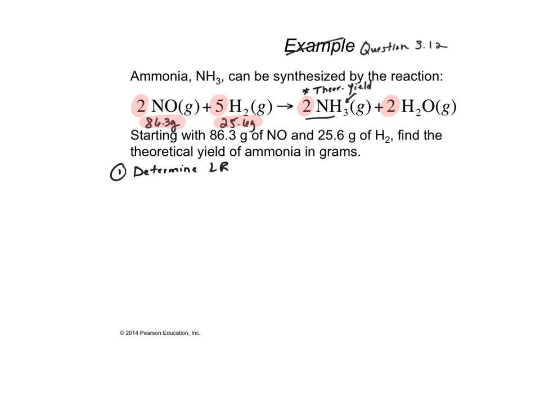So that has a couple of different components to it, right? Right now, we have started with masses of our 2 reactants. To determine the limiting reagent, we have to figure out how much of this guy we're going to form given our 2 starting materials.